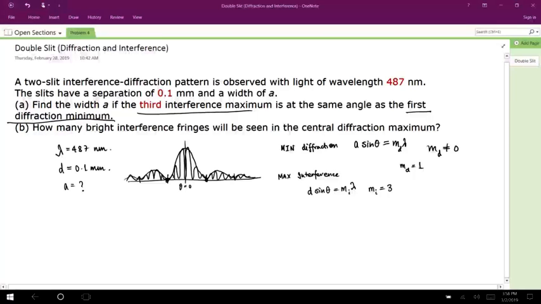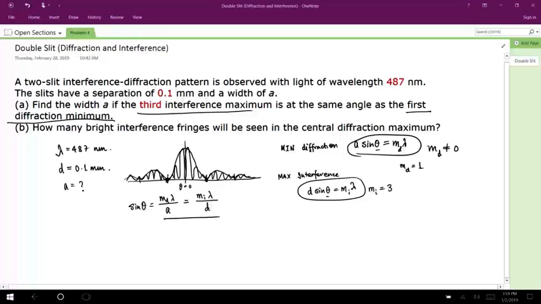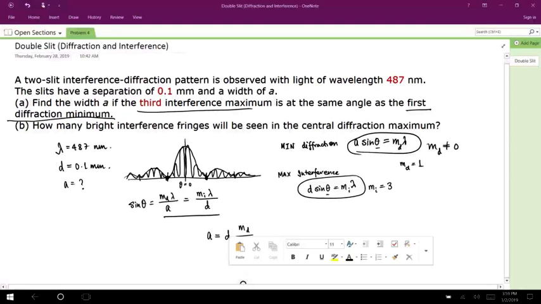It also says that these two are at the same angle, so the theta value for both of these is the same. So I can work out sine theta from this equation and sine theta from that equation and set them equal to each other. So sine theta is equal to m_d lambda over A, which is also equal to m_i lambda over d. Now lambda will fall off, and hence I will find A is equal to d multiplied by m_d over m_i.